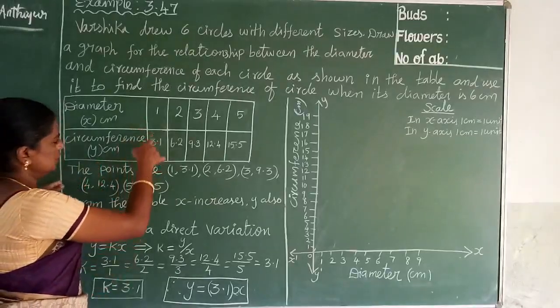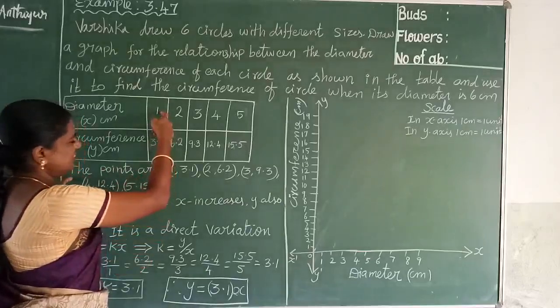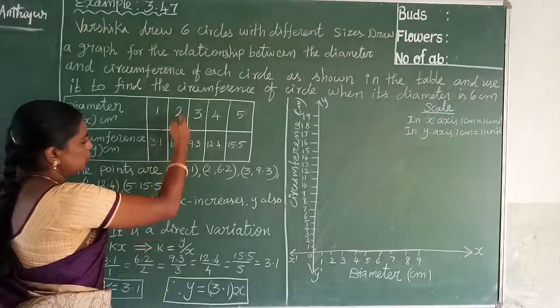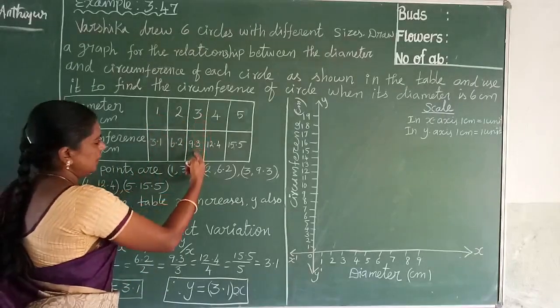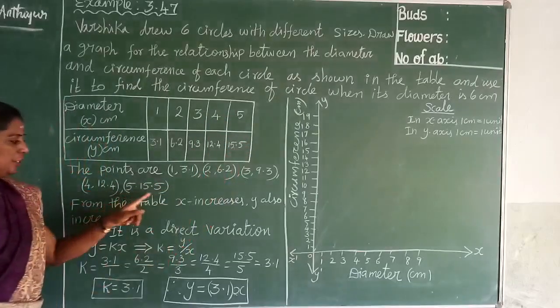Using these, we write the points: first x and y, so (1, 3.1), (2, 6.2), (3, 9.3), (4, 12.4), (5, 15.5).